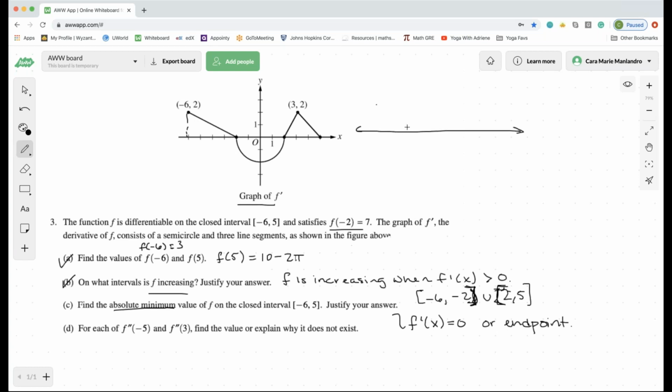Well, it looks like -2 and 2, right? And then it looks like over here it's positive, and then there it's negative, and then up here it's positive again. So it looks like this is going to be a maximum, and then this one is going to be a minimum. Does everybody agree with that?